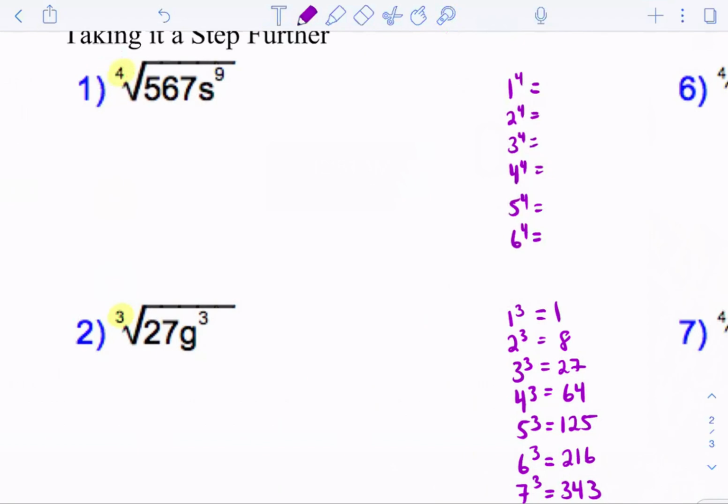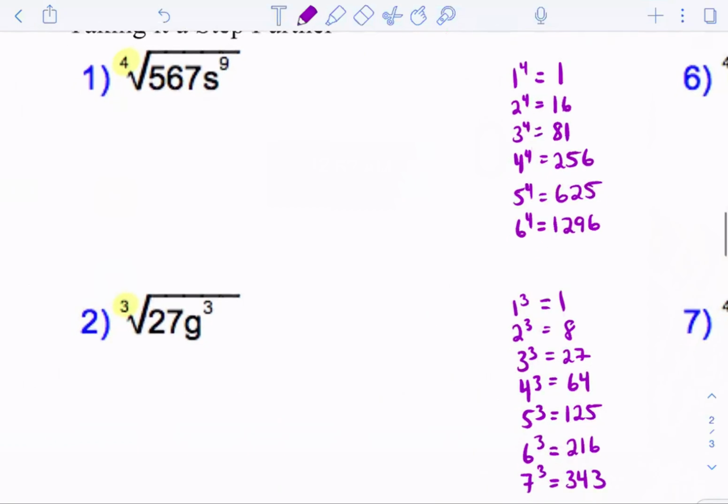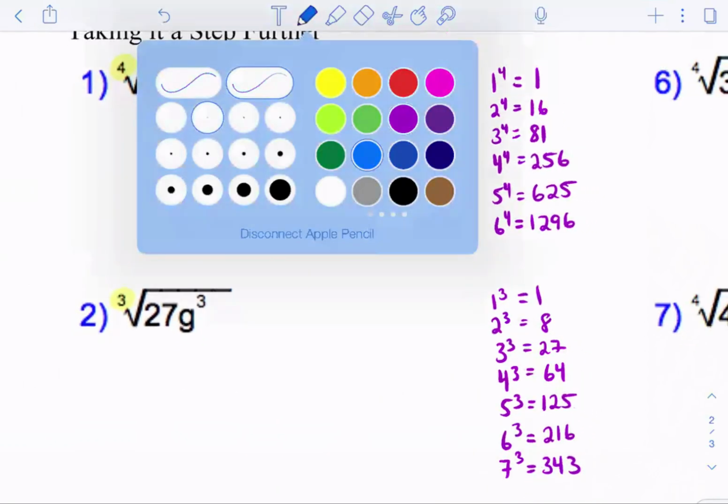So here 1 to the 4th power is 1, 2 to the 4th power is 16, 3 to the 4th power is 81, 4 to the 4th power is 256, 5 to the 4th power is 625, and 6 to the 4th power is 1296. Okay, so let's try these two problems and then we'll call it a day.